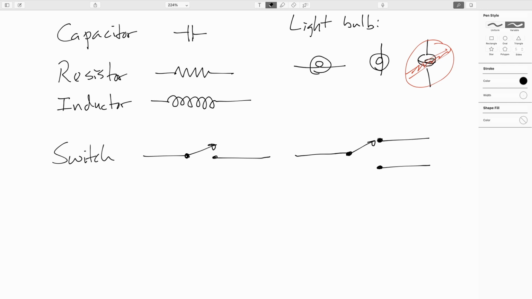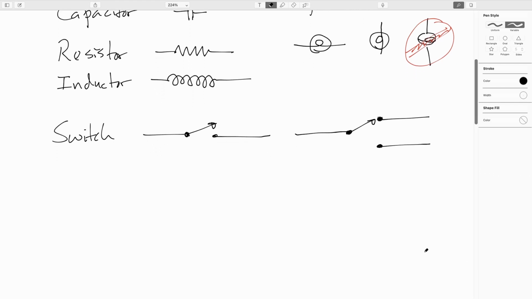So then what we're left with is that we need to just somehow hook it up. And casually, people will say that the symbol for a wire is just a line. But I'm going to put that in quotation marks because it turns out that technically this is any negligible resistance connection.